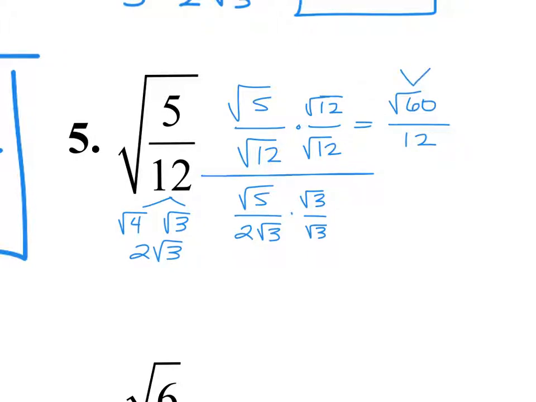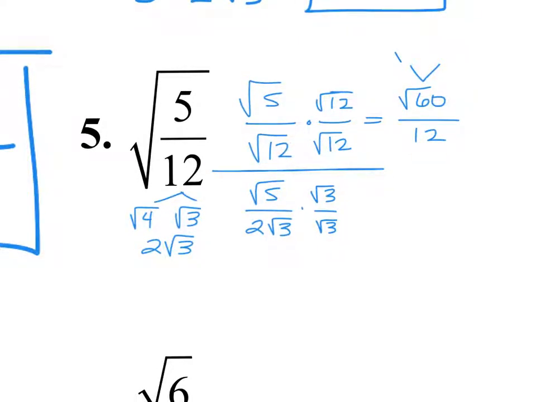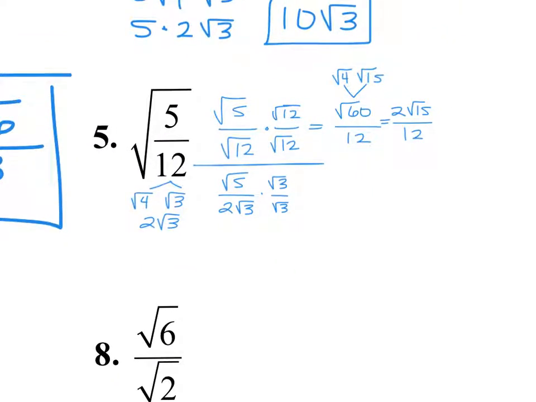So if I simplify this, rad 60 is rad 4 times rad 15, or 2 rad 15, over 12. Is that simplest form? No, 2 over 12 would reduce, so divide by 2 on both of these, rad 15 over 6.